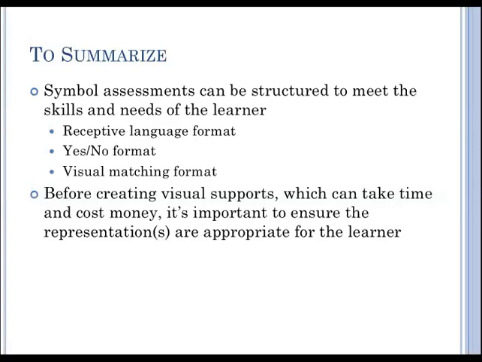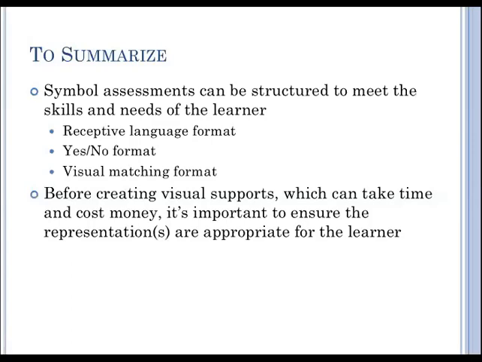But most often, if your learners are similar to the learners that I work with, individuals with autism, intellectual disabilities, or pretty complex communication needs, we're going to be using a visual matching format. It gives us a more accurate picture of what they really understand, and it typically takes advantage of a skill that they already know how to do, or a skill that's pretty easy to teach them fairly quickly.